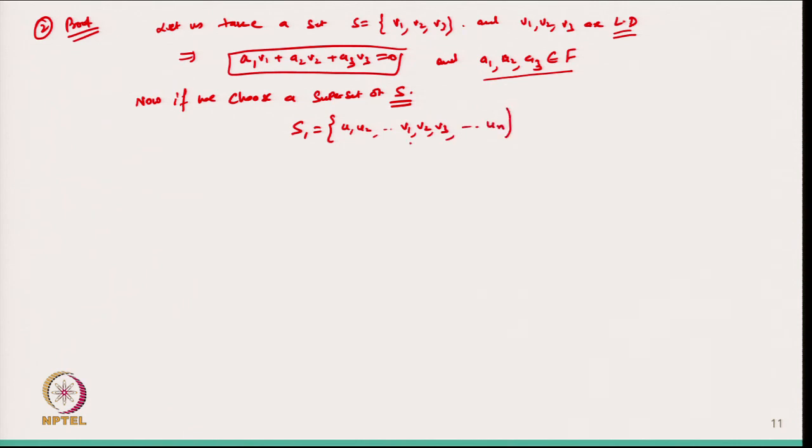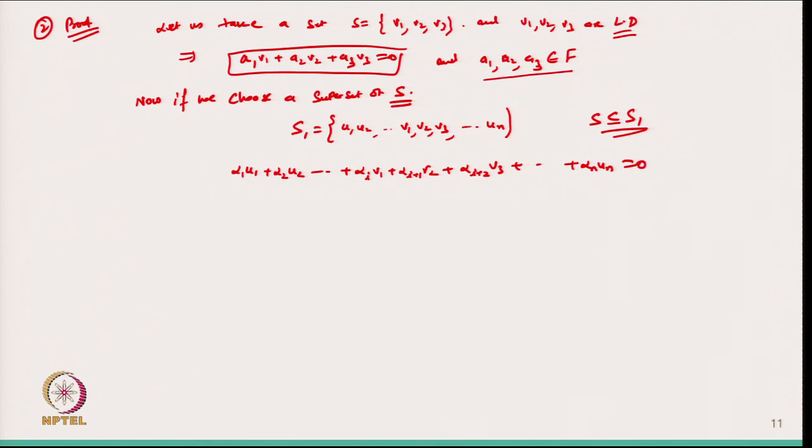So, from here I can say that S is a subset of S1, so S1 is a superset of this. Then if I take the linear combination like alpha1 U1 plus alpha2 U2 plus some alpha i V1, alpha i+1 V2, alpha i+2 V3, and some alpha n Un, that is going to be 0.